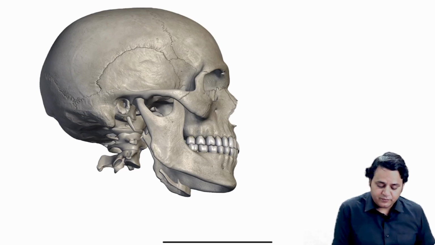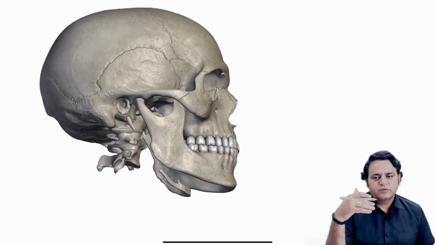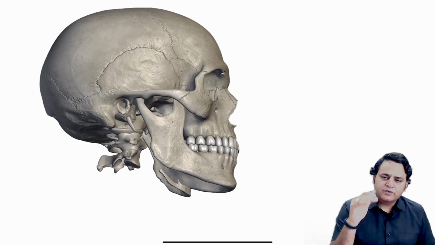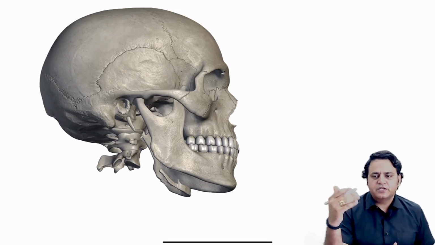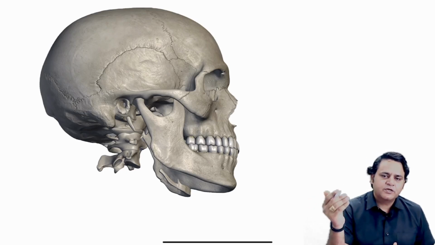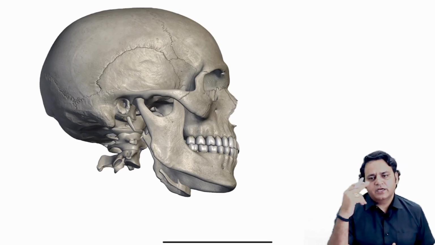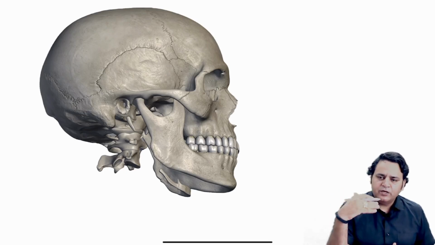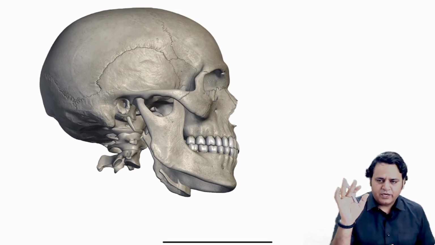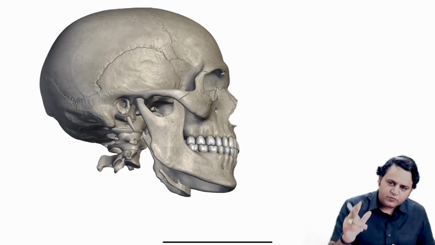But it does not participate in the formation of the temporomandibular joint. The surfaces which participate are only two above, the mandibular fossa and the articular tubercle, and below, the head of the mandible. I think now you have understood.